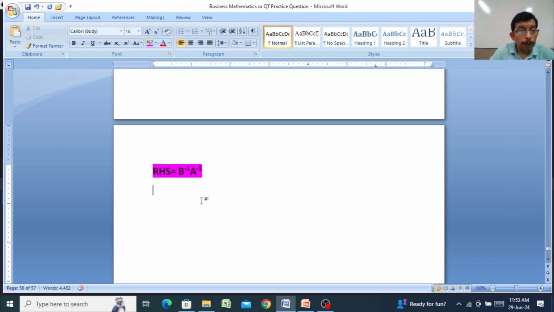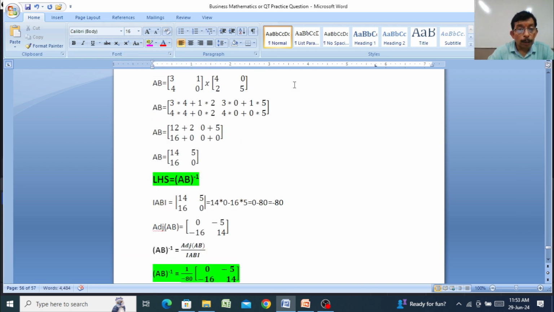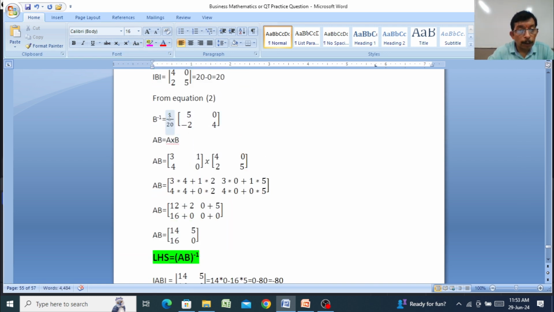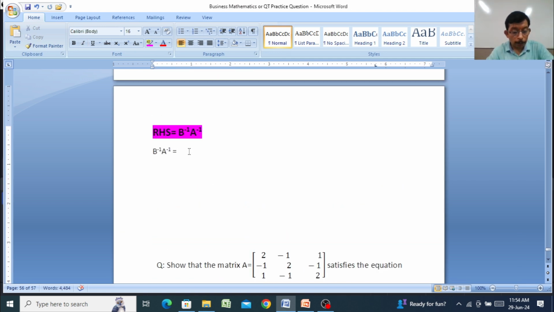Now B inverse is equal to the value found here. Note down and write down here.